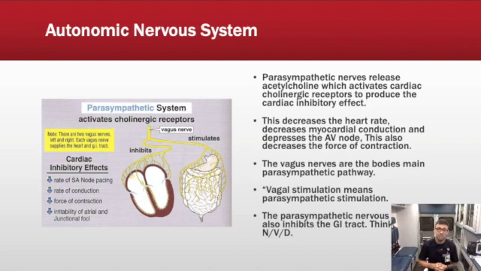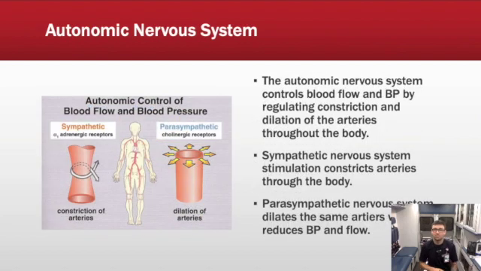The parasympathetic nervous system, on the opposite end of that, means that it's decreasing the rate of the SA node pacing, it's decreasing the rate of conduction, and it's decreasing the force of contraction and decreasing the irritability of atrial and junctional foci. The vagus nerves are the body's main parasympathetic pathway, and vagal stimulation means parasympathetic stimulation. Okay, so this is when we also see nausea, vomiting, diarrhea.